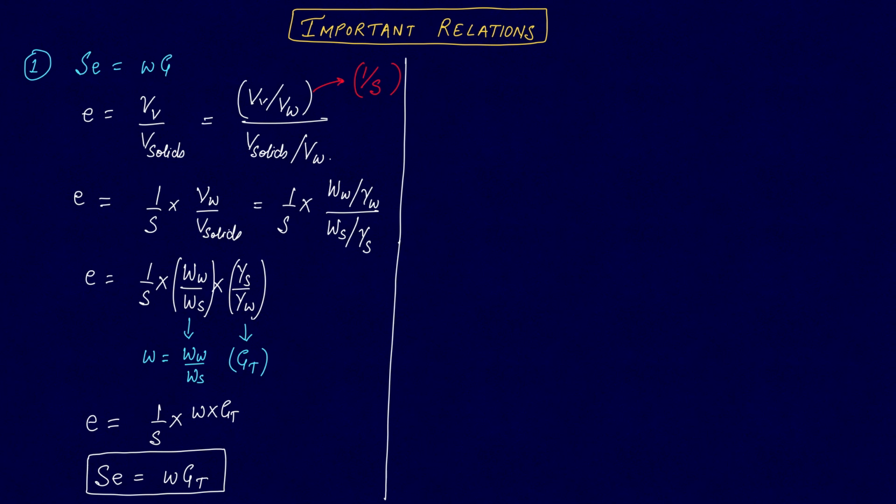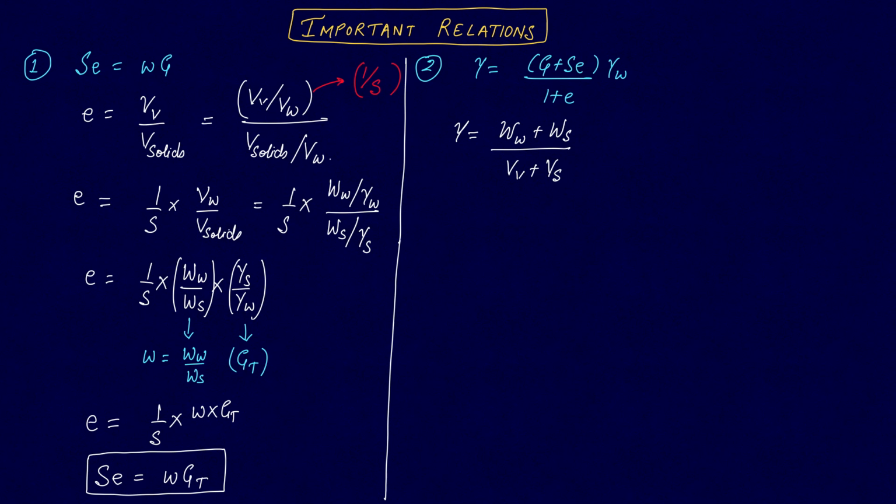Now let us move ahead to the second formula that we are going to derive here, and that is gamma equals (G plus Se) upon (1 plus e) into gamma w. For that I start with the formula of gamma, and as you know gamma is weight upon volume, and weight is the weight of water as well as the solids, whereas the volume is of both voids as well as the solids.